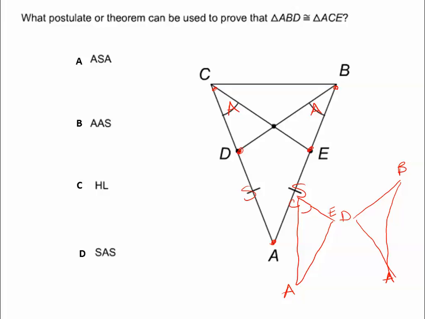So if we're looking, we know these angles are congruent. We know these sides are congruent. And what else do we know? We know that this angle right here is congruent on both of them.